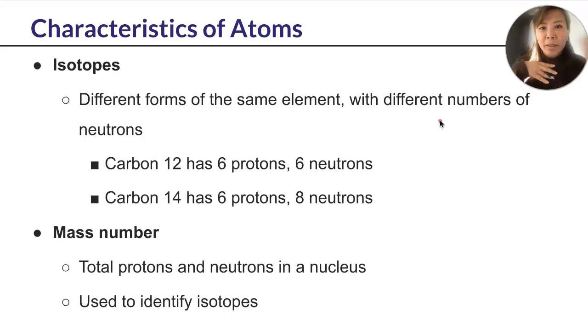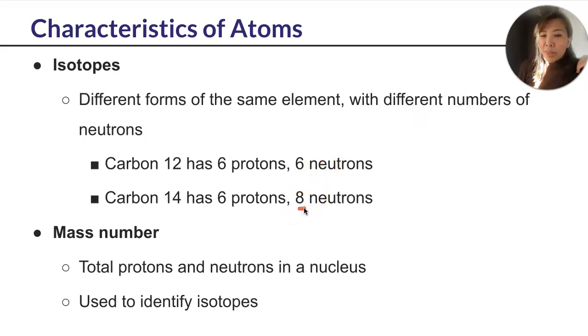Carbon, on the periodic table, has 6 protons and 6 neutrons. However, you might have heard of carbon dating, for example. In carbon dating, we're looking at an isotope of carbon, carbon-14. While it has 6 protons, it has 8 neutrons.